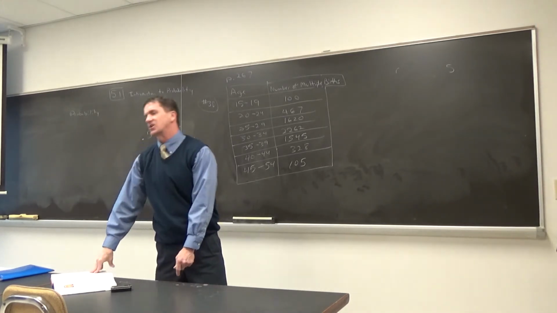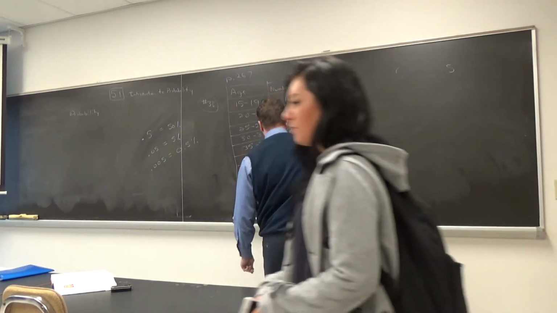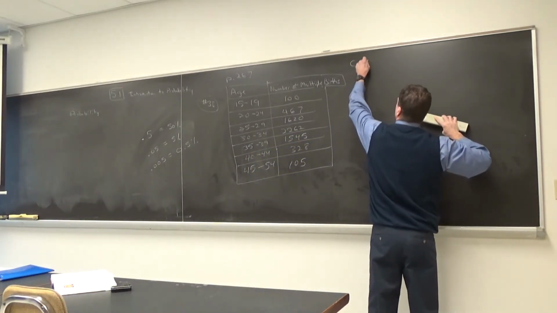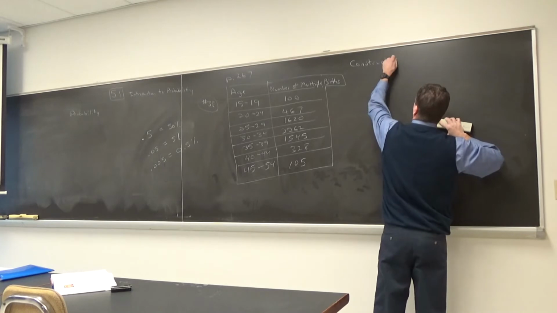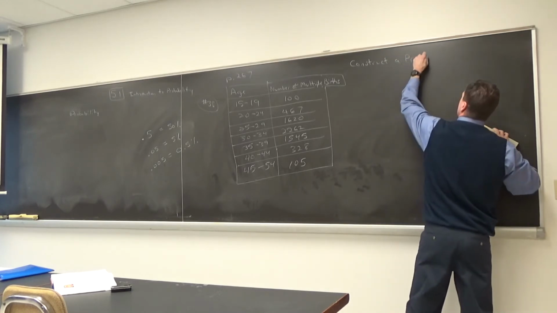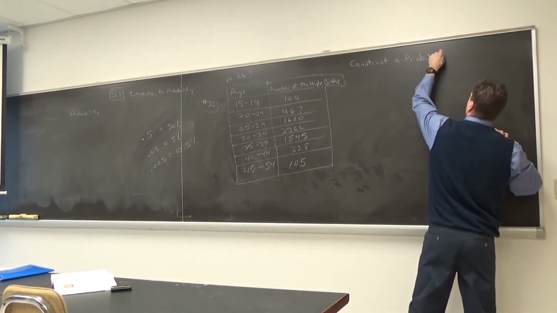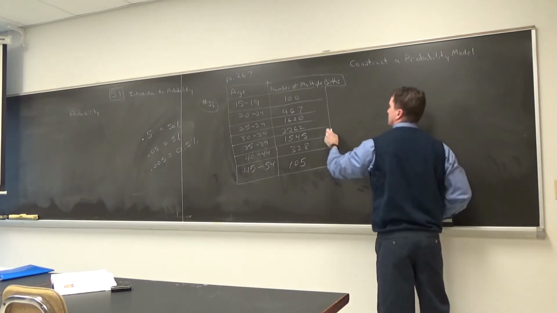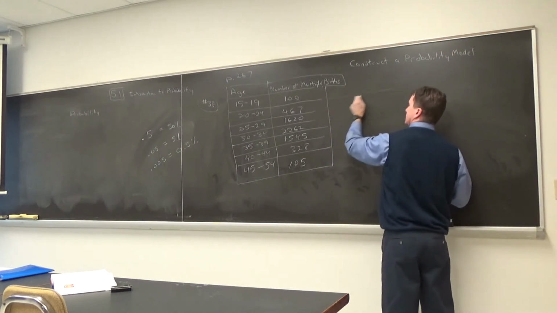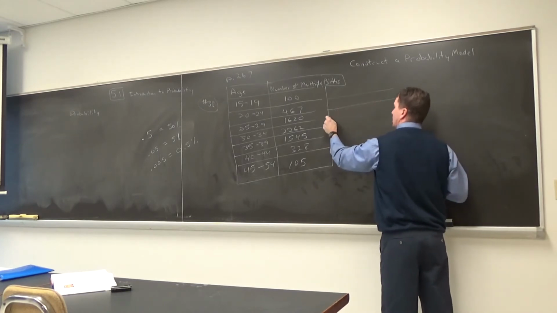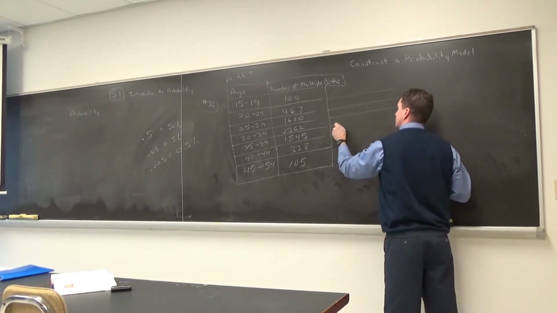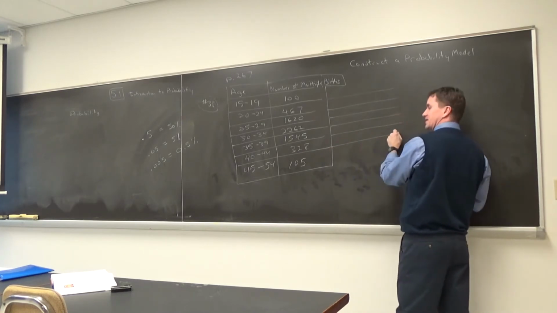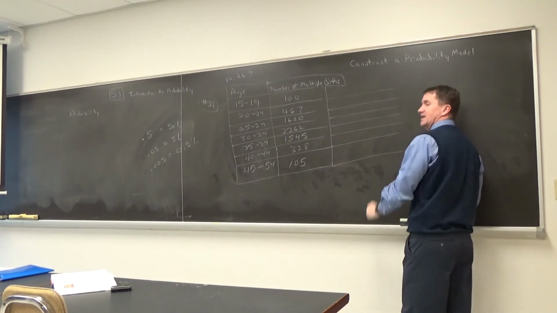So these are multiple births. What we're going to do is construct a probability model. The good news is you're going to know exactly what to do. You and I are going to put the probability model right next to this. And you already know how to do this, because you did something like this on test 1.